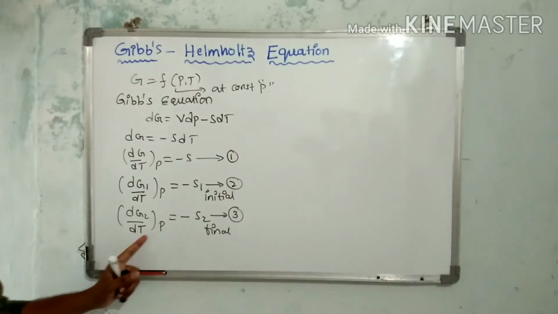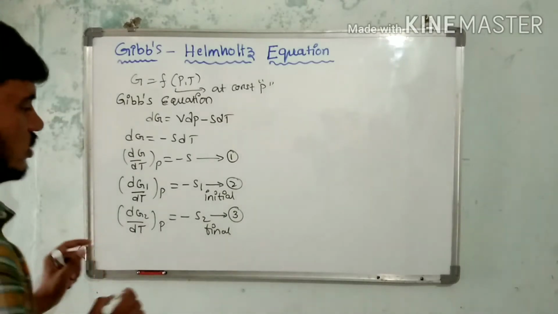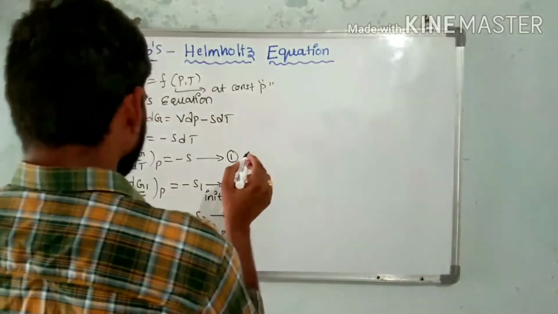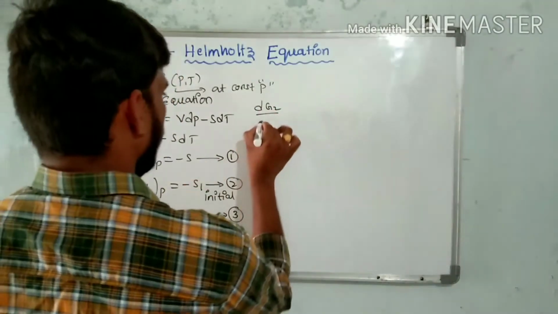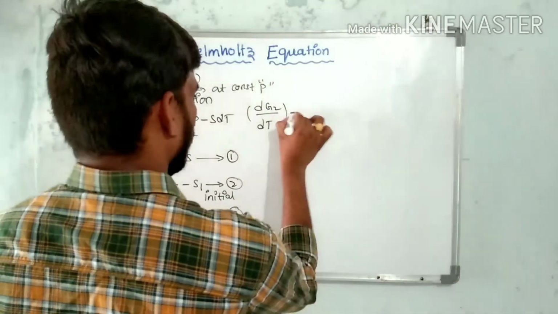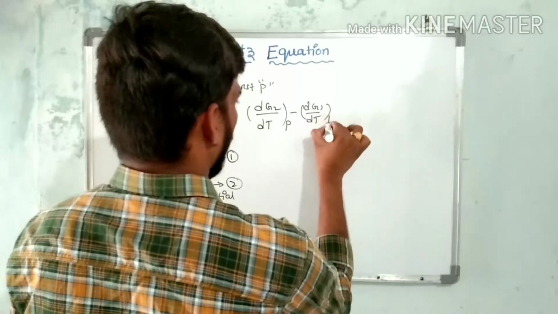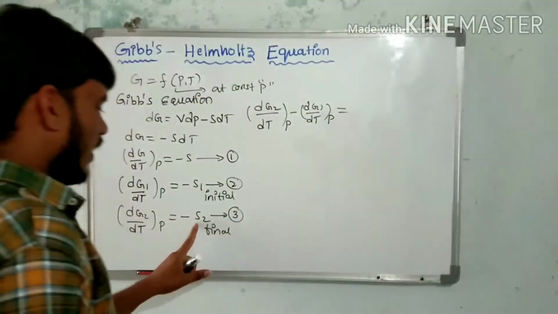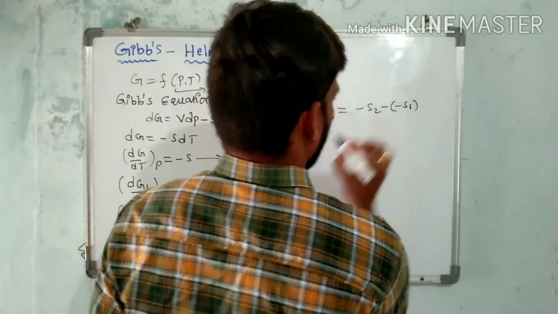Now we have to find the total change. That is dG2 by dT at constant pressure minus dG1 by dT at constant pressure, which equals minus S2 minus of minus S1.